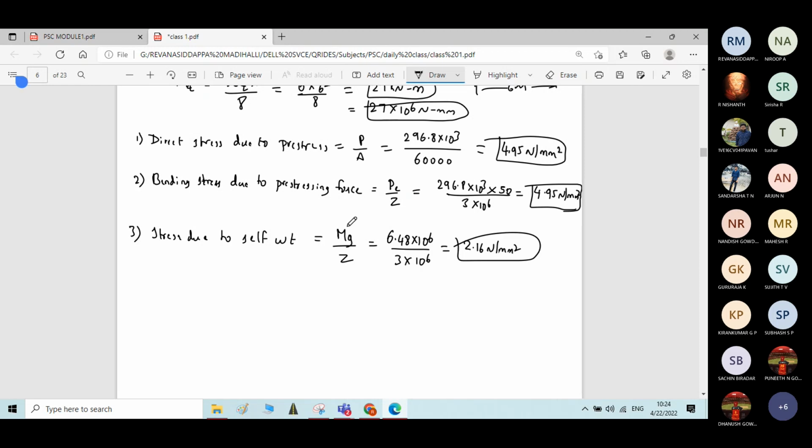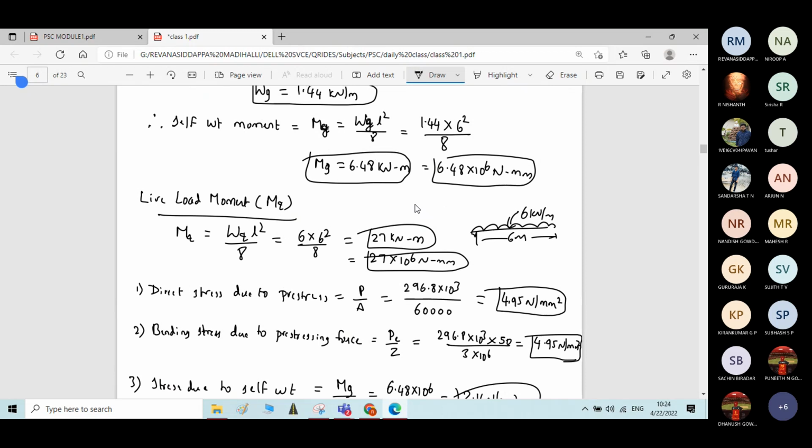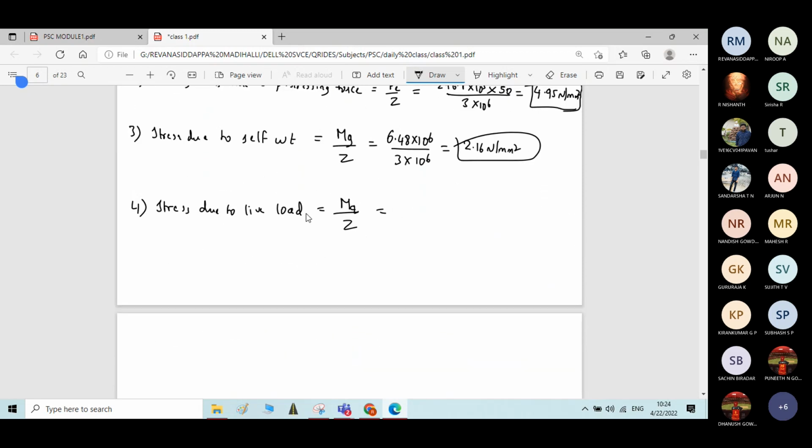Then, lastly, the stress due to live load, which is Mq by Z. The moment due to live load is 27 into 10 power 6, divided by 3 into 10 power 6. So the answer is 9 Newton per mm square.